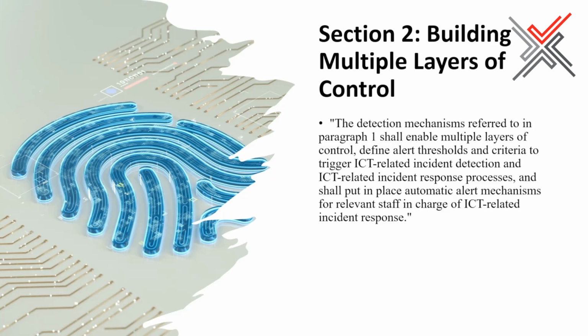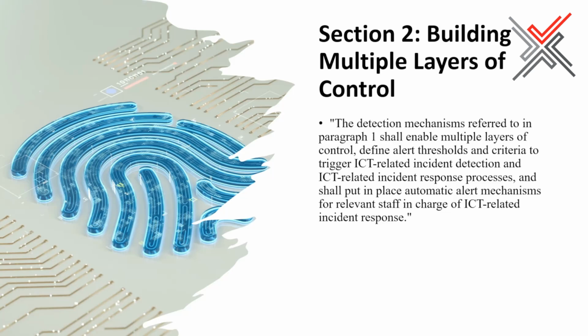This section also talks about alert thresholds and criteria. Essentially, you need to define the conditions that will trigger an alert. The alert should not trigger for everything, not always, because sometimes it can be a bird that flies in front of the camera. It shouldn't be triggered by a bird, but a person out of working time, definitely.